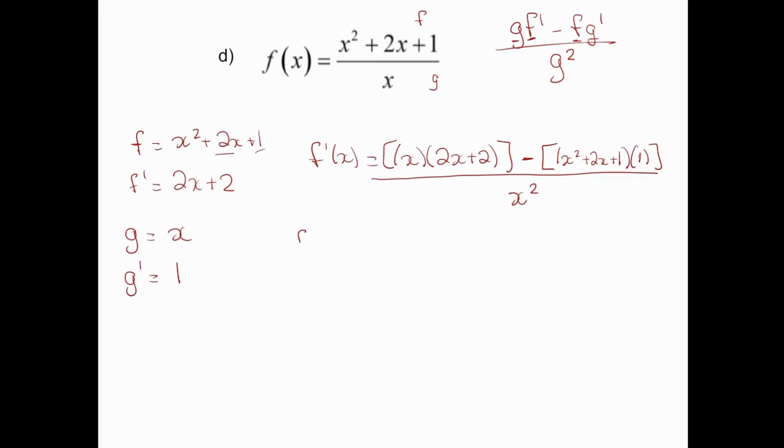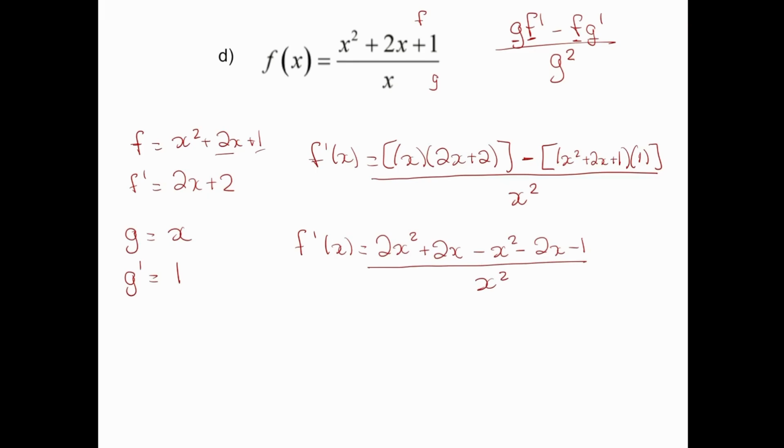Okay, so now we are going to FOIL to expand everything out. So once we have expanded everything out, we get, so x times 2x, we get 2x squared plus 2x minus x squared minus 2x minus 1 all over x squared. Let's collect some like terms.